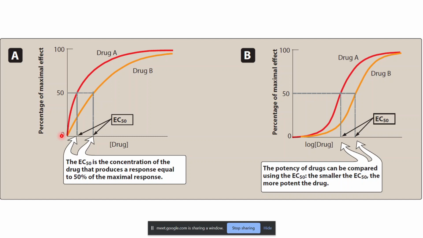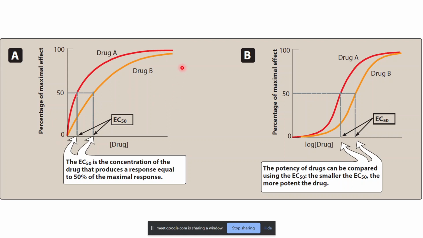This curve can be described as a rectangular hyperbola, which is a familiar curve in biology because it can be applied to diverse biological events such as enzymatic activity and responses of pharmacologic agents.